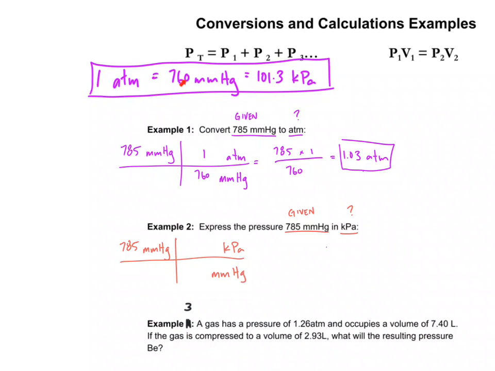1 atmosphere equals 760 millimeters of mercury equals 101.3 kPa. I'm only concerned about kPa and millimeters of mercury. So kPa is 101.3 and millimeters of mercury is 760. So now I calculate 785 times 101.3 divided by 760.